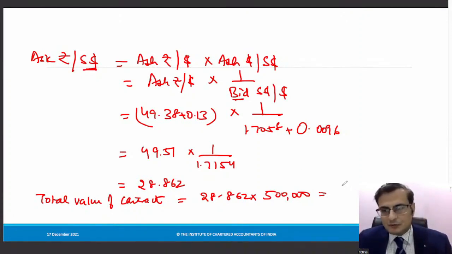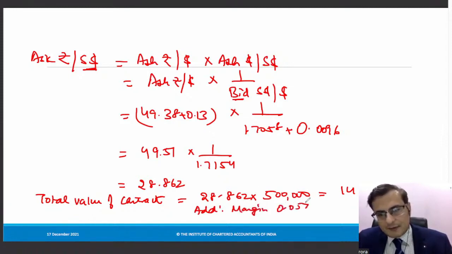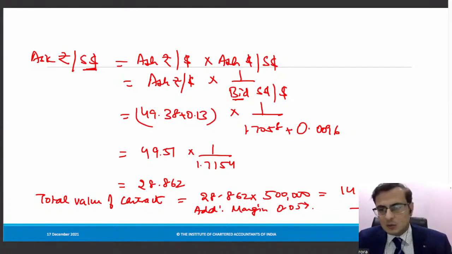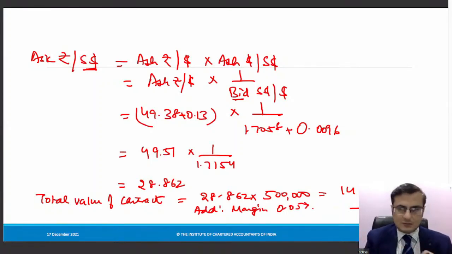So 144311036. Okay, add margin, 0.05 percent. 7215 plus 144311036.